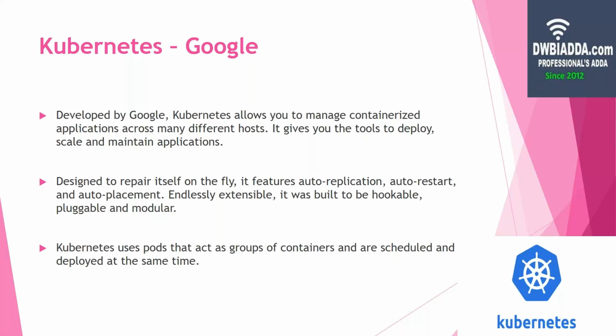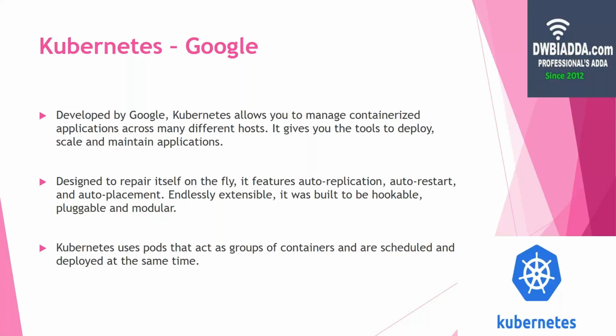Also, it is endlessly extensible, and it was built to be hookable, pluggable, and modular. By endlessly extensible, we are saying that Kubernetes can be extended to thousands of service resources, up to a number which you can think of.